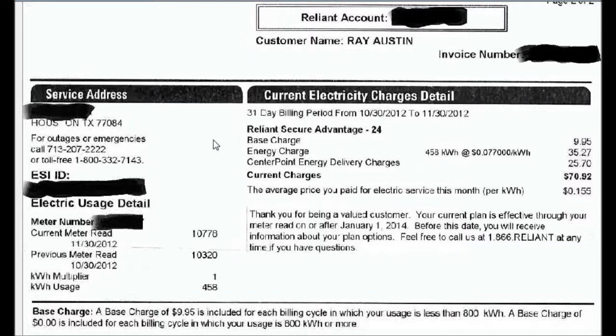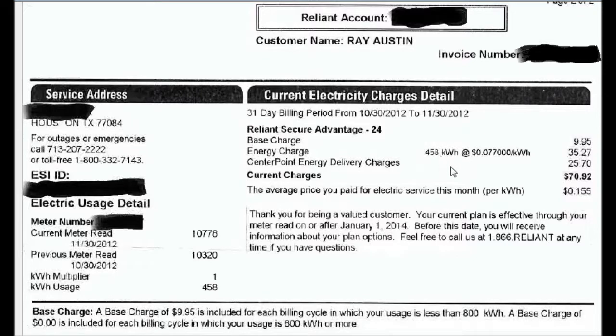Just to let you know too, I changed utility providers during this time, but there's really not much difference. One utility provider versus another, in my opinion, is a mixed bag at best. Anyways, this is my low bill for 2012, October 30th, 2012 to November 30th, 2012.